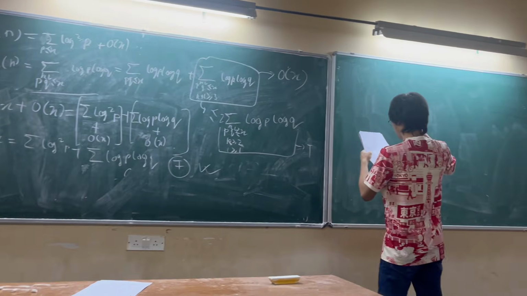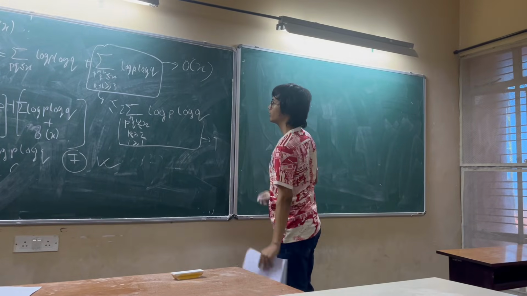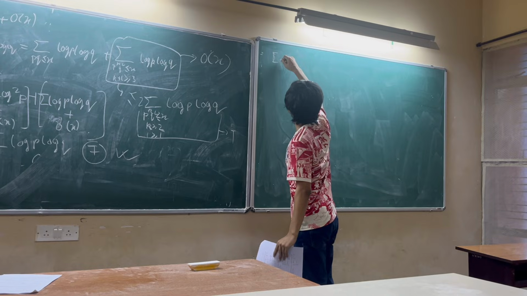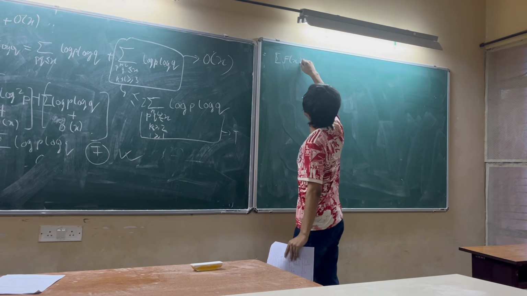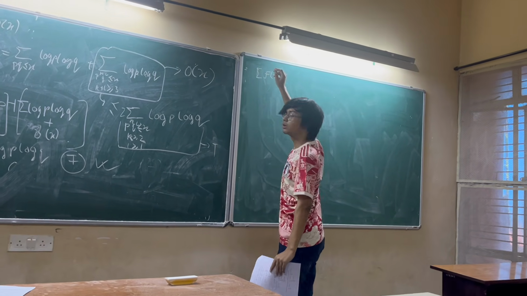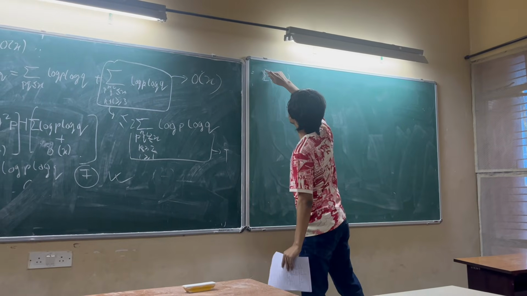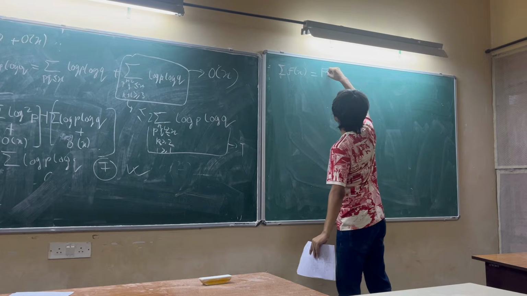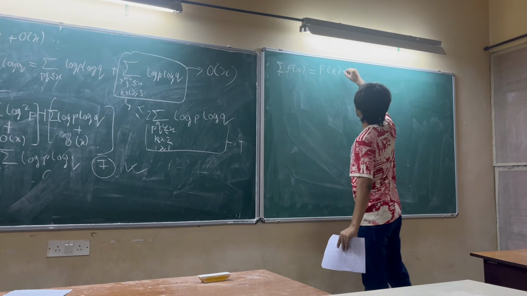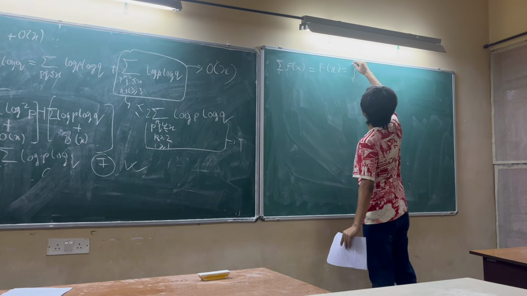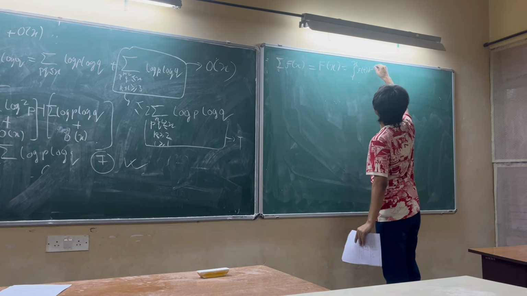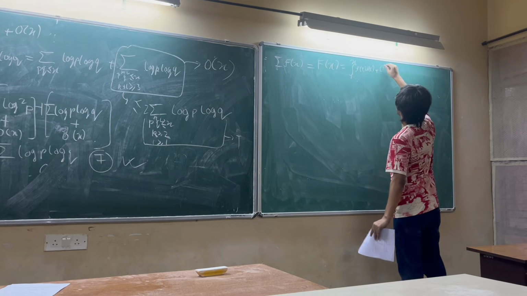See, recall that for a unimodal function, if you define the summation of f(x) as capital F of x, then capital F of x will in fact be the integral from 1 to x of small f t dt plus something of the order of 1.